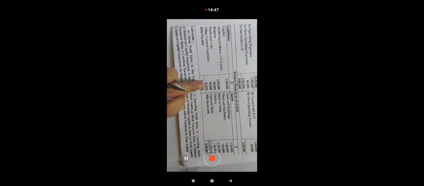Okay, working capital is equal to current assets minus current liabilities. Current assets total 2,60,000 and only two current liabilities are available in this problem. Other current liabilities 90,000 and bills payable 40,000. That means 1,30,000 is current liabilities.